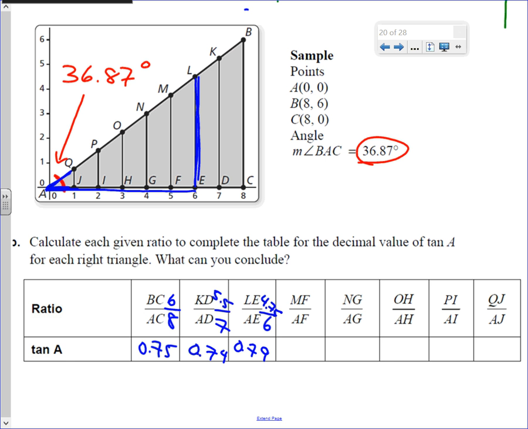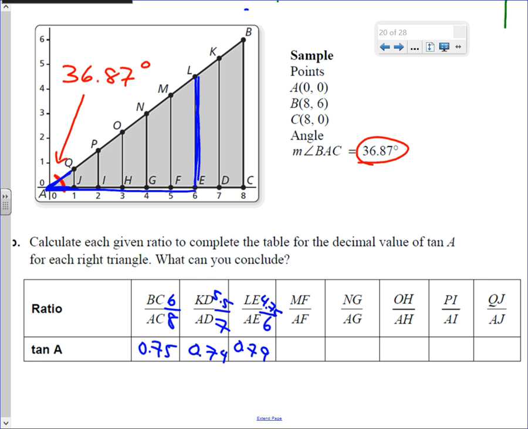Still close to 0.75, a little bit off, but you get the idea. It's still about the same ratio. I still keep getting this 0.7 something. It's a little bit off because I'm just eyeballing it. I'm just estimating from the picture. I'm not getting exact here.